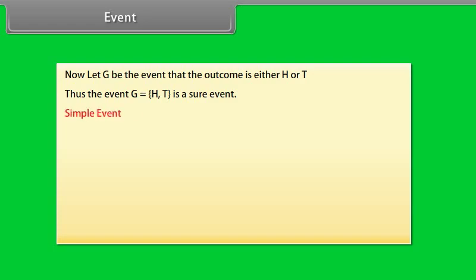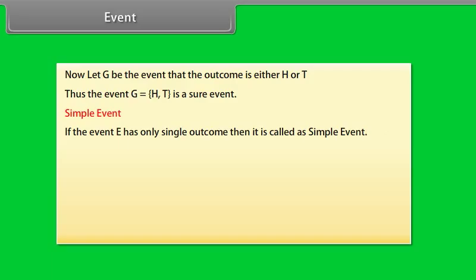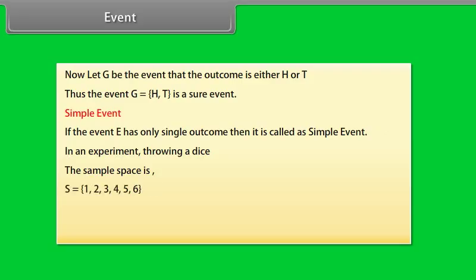Simple event. If the event E has only single outcome, then it is called a simple event. To understand it, let's take an example. In an experiment of throwing a dice, the sample space is S is equal to 1, 2, 3, 4, 5, 6.